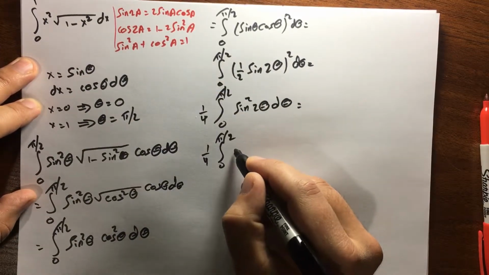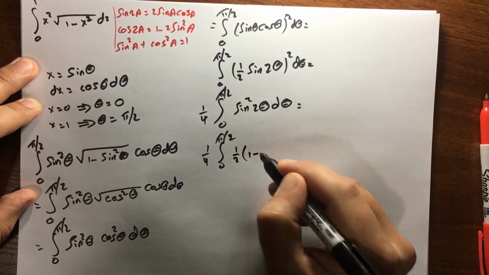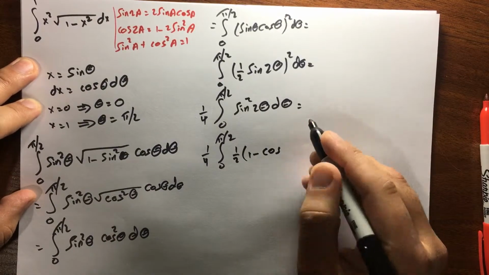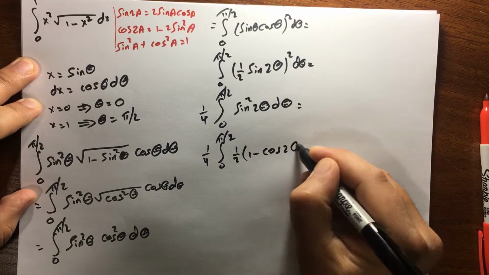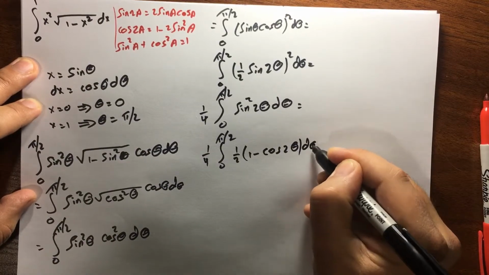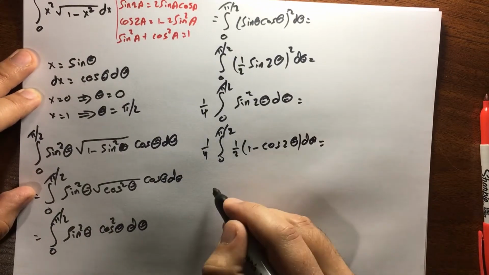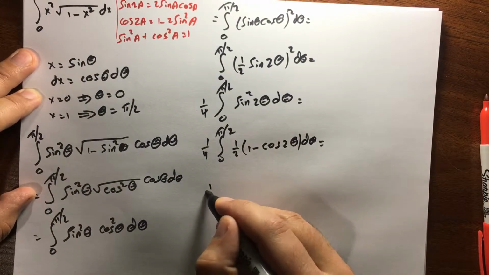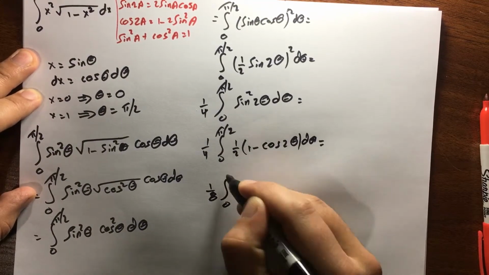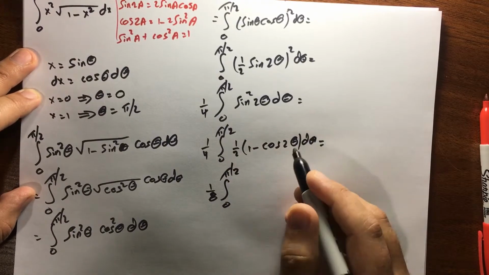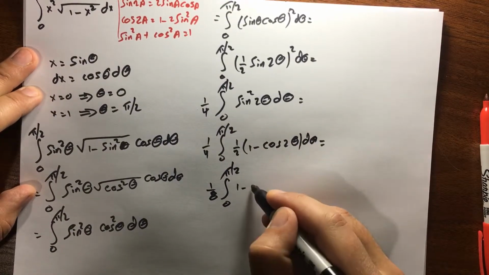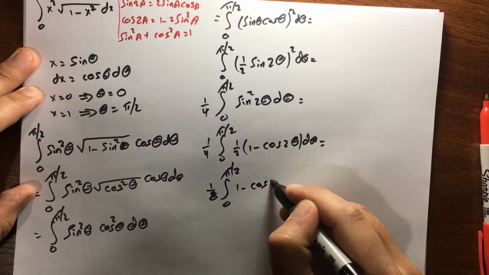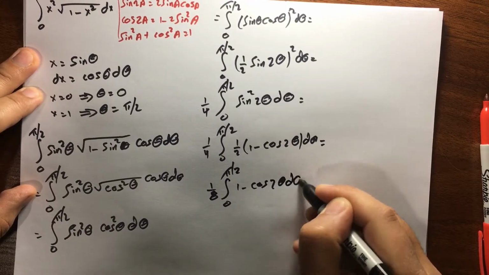So this equals 1 half 1 minus cosine 2 theta d theta. This equals 1/4 times 1 half, which is 1/8, from 0 to pi over 2, 1 minus cosine 2 theta d theta.